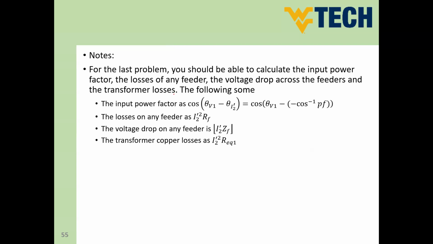For instance, how can I get the input power factor? I already got the current with angle, and I calculated the volt. So the power factor of the supply, or the input power factor of our transformer, is going to be cosine of theta V1 minus theta I2 prime.